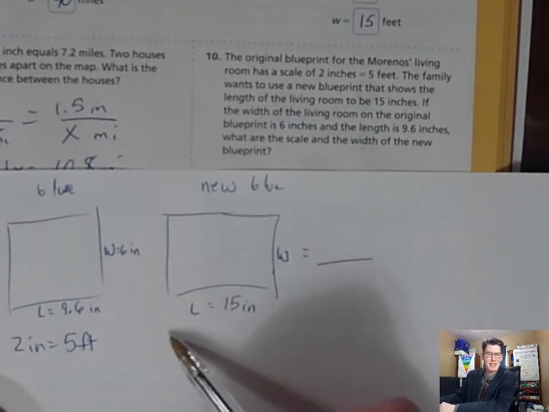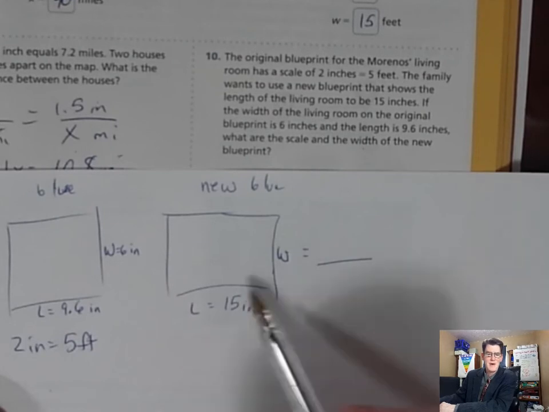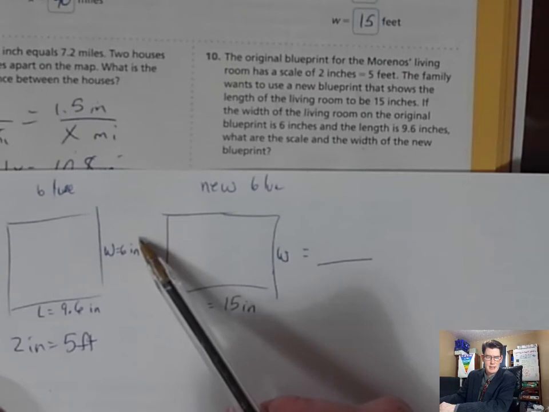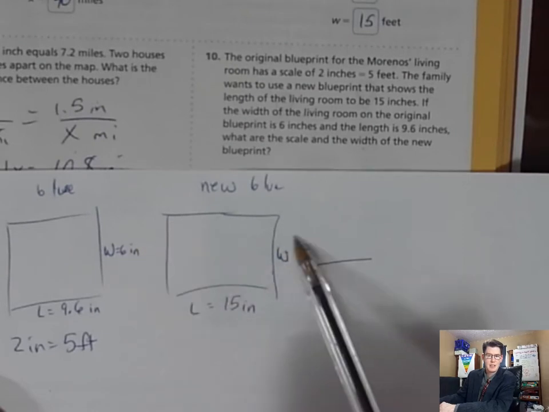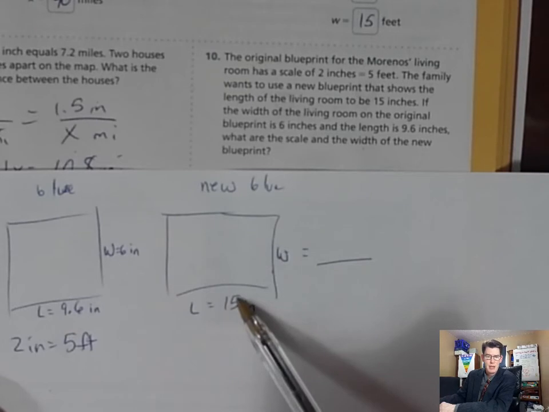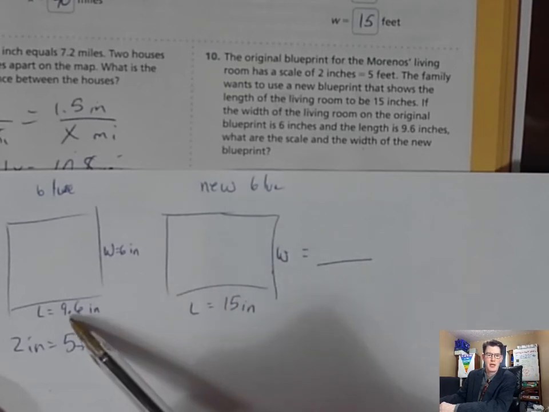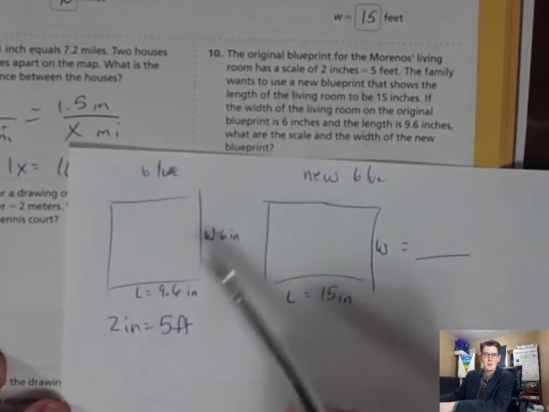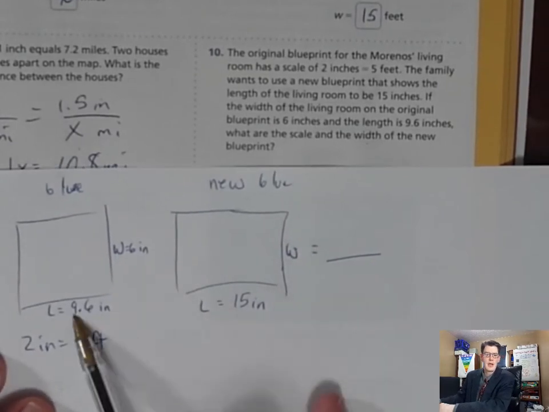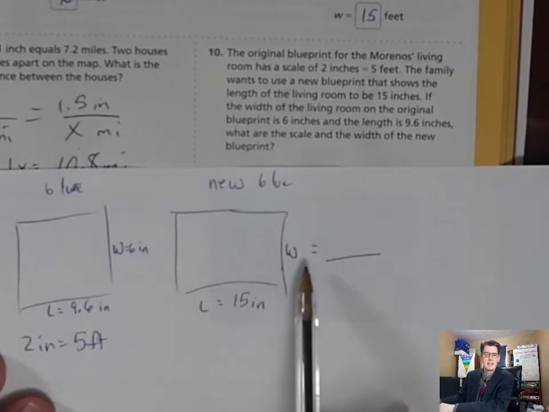Can we see how to find that width? Well, this width and this length are comparable, so you can write the proportion of the length. The 9.6 is to 15 as 6 is to something.